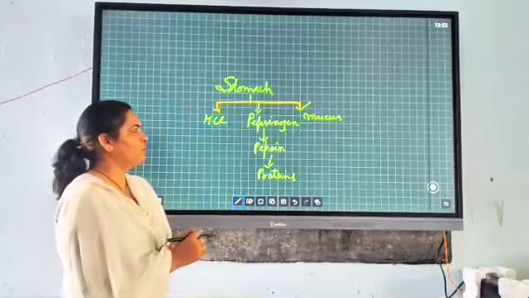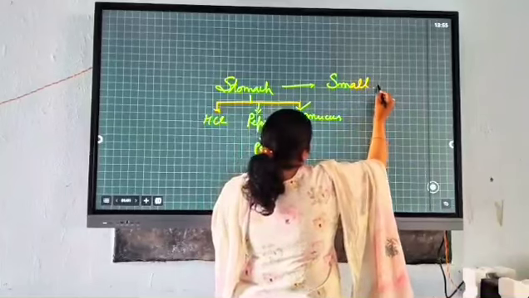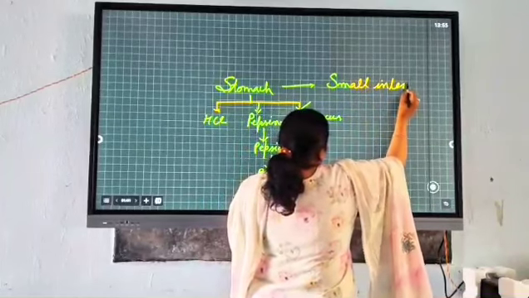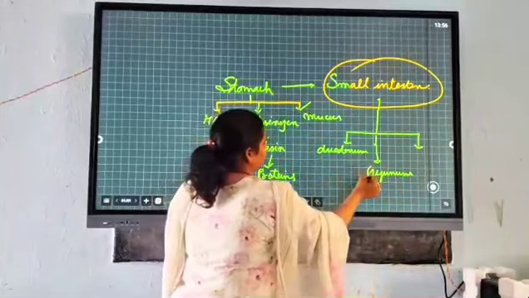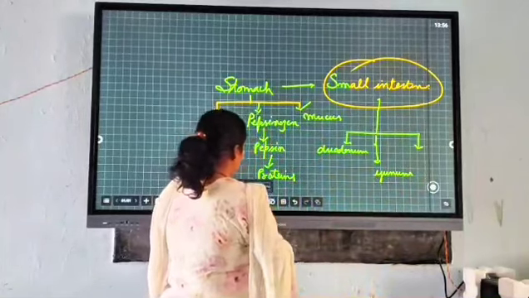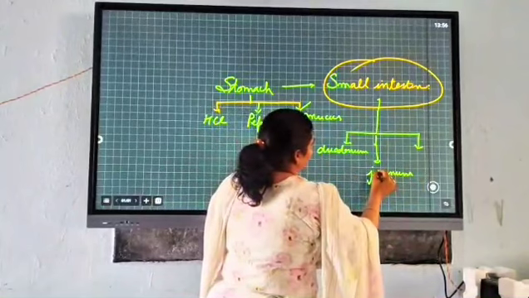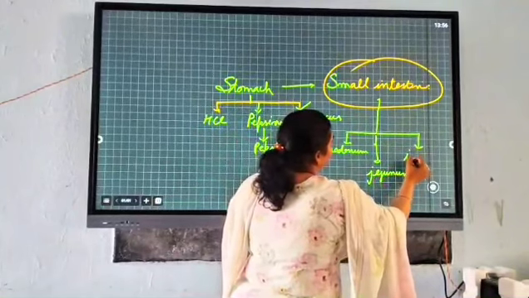So about the small intestine, we have already studied that it has mainly three parts: duodenum, and then jejunum, and ileum.